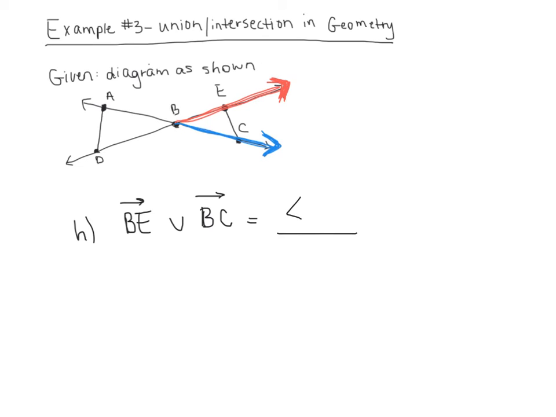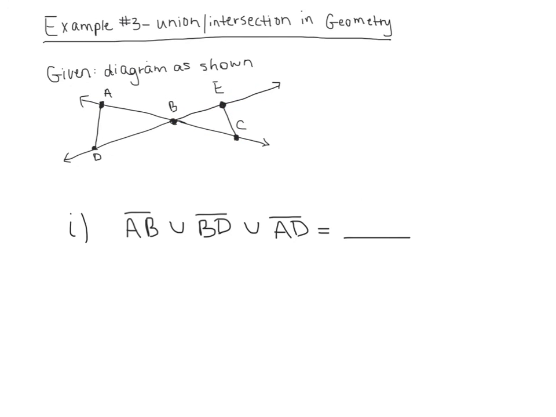So I look at this and I see angle EBC. Using our concept of what it means to be a union, it takes everybody. Looking at the red part, putting it together with the blue part, standing back and looking at it overall, I see the angle.